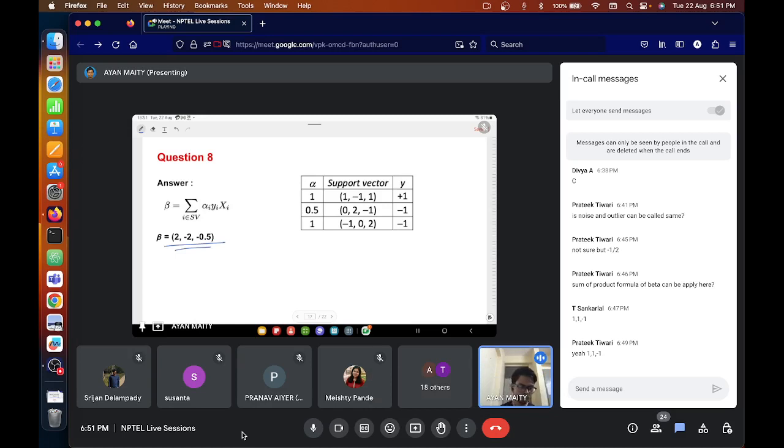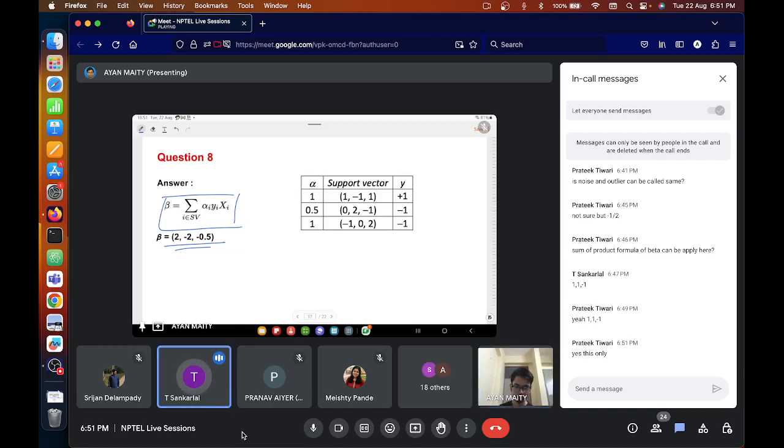So I've got two answers in the chat, Shankarlal and Pratik saying 1 1 minus 1. Did you use this formula, or did you use some other formula to get your answers? I have used the formula beta is the summation of alpha i yi xi. This is the formula, right, which I'm showing here. I might have made some mistakes in calculation.